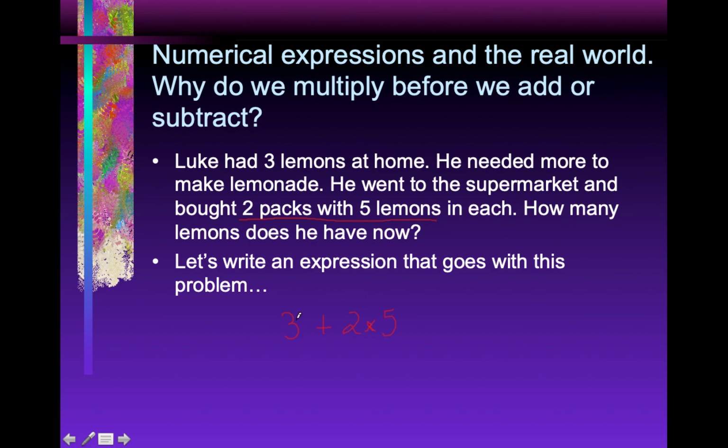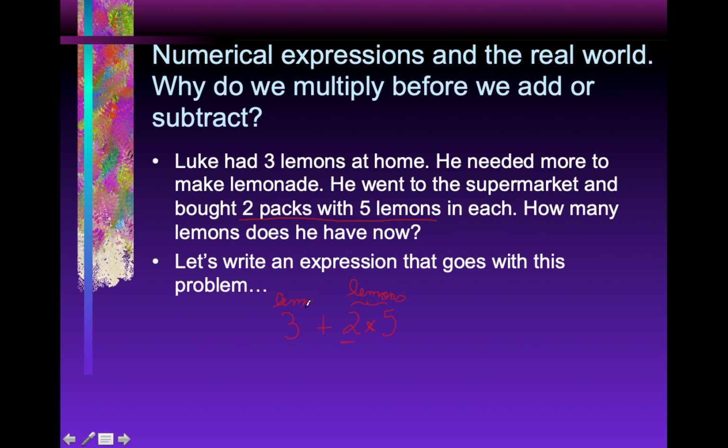And notice that here, it does indeed make sense for us to do the multiplication first. It doesn't make sense for me to add the 3 and the 2, because these are not 2 lemons. These are 2 packs. What does it even mean to add 3 lemons plus 2 packs? I don't know what that is. I need to find out how many lemons I have here first so that I can add to the 3 lemons that I already had.